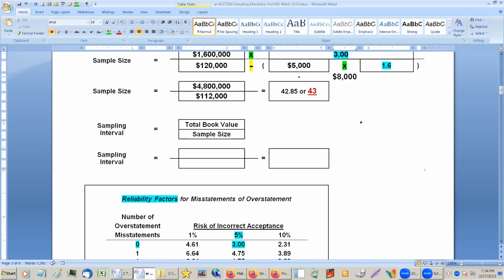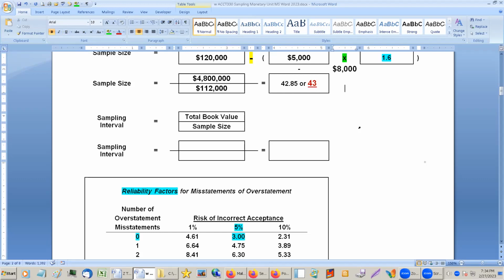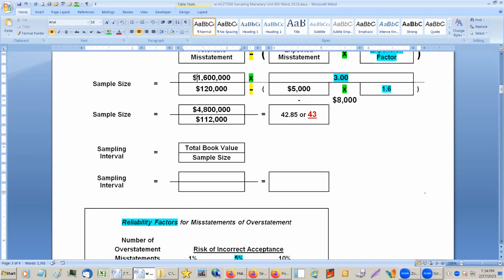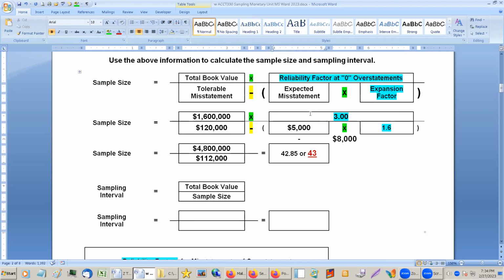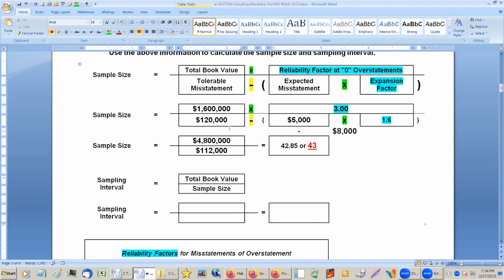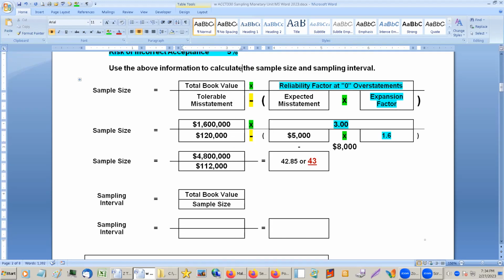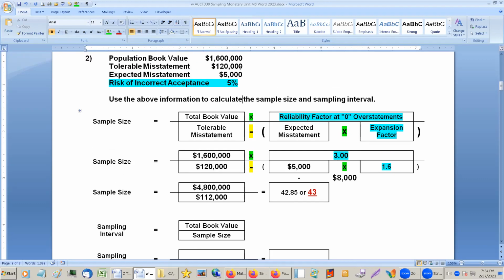So our sample size is going to be 43. So we're gonna take 43 items out of these 1.6 million. And that's all we're gonna use to get our total. By the way, notice that we don't even know how many items are in the sample. That's another beauty about this thing. You don't have to worry about how many items there are and how you pick them and all this kind of stuff. None of that.